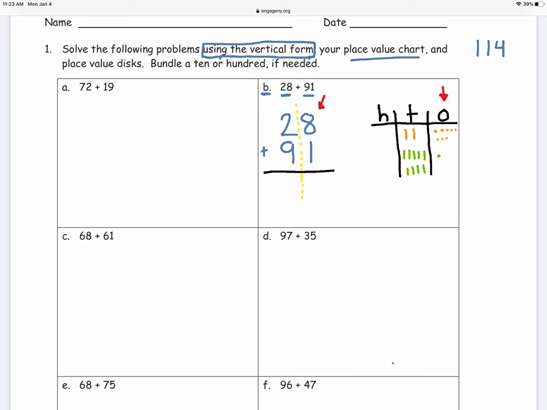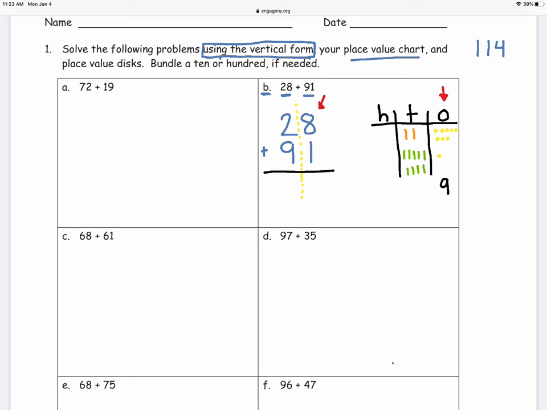So I'm going to look at my place value chart first, and I'm going to count my ones. Count with me. 1, 2, 3, 4, 5, 6, 7, 8, 9. Okay, I just got to 9, which means I didn't get 10, so I don't need to move anything. I just put a 9 down.